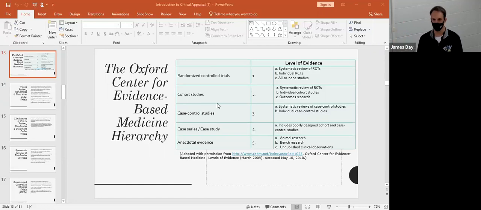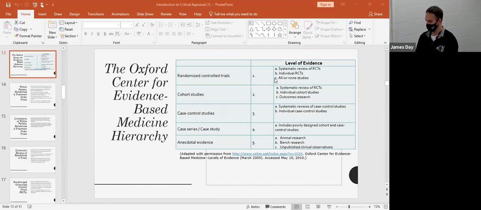These are when we're doing analysis, but there's only 1 group. Case series and case studies are now when there's no experiment. We're just following and describing what occurred. And then anecdotal evidence is animal research, bench research, or unpublished clinical observations.